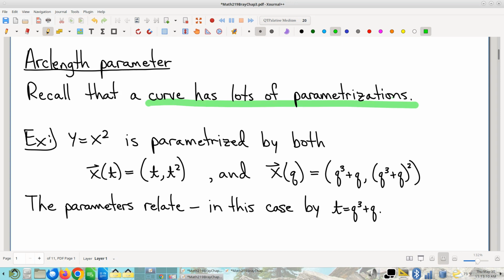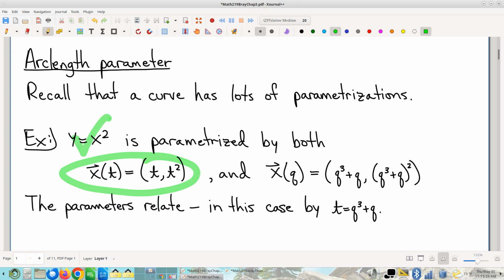The parameter could just be any way of indicating some sort of a distinction of what input value gives you each point on the curve. So for example, if I look at this parameterization right there, it's pretty easy to see that it satisfies that equation. So this is a parameterization of that curve.